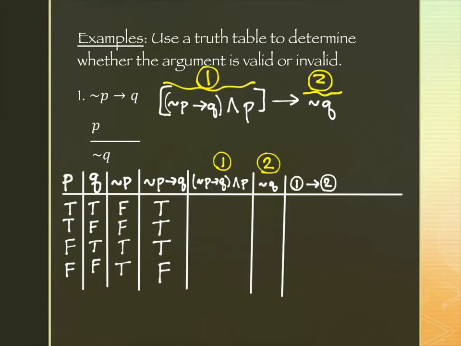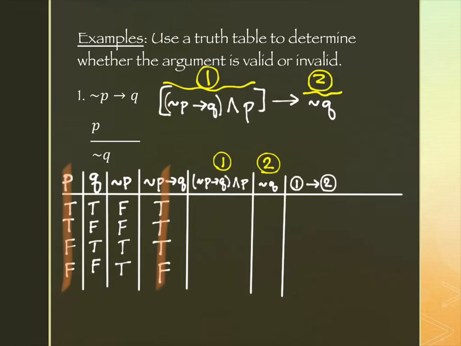All right. The next column takes the column that I just did, tilde P, arrow Q, and it joins it with the column that's P, which is at the beginning. I'll highlight them both in orange. This is an and statement. And when is an and statement true? Only if both are true, right?